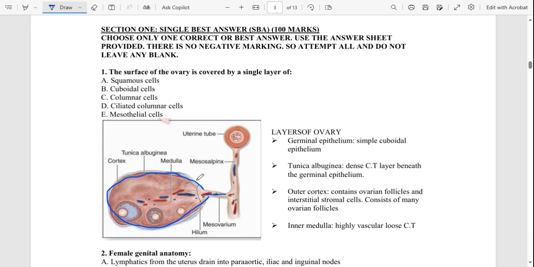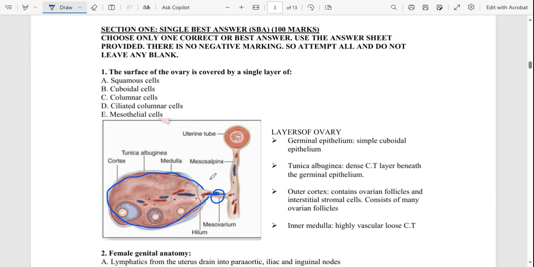Now this epithelium of the ovary is known as a germinal epithelium. It's simple cuboidal, and then it's going to continue as the mesothelium and then connect to the uterine tubes.